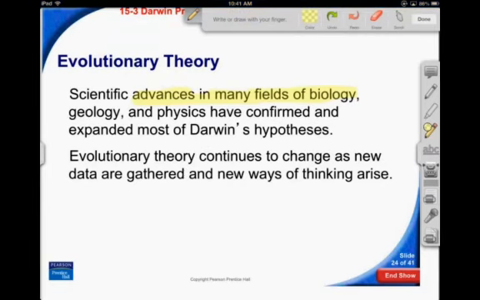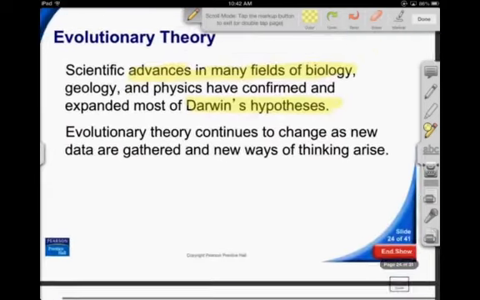We've been able to put more data to support Darwin's hypotheses about natural selection. Evolutionary theory is a field that just keeps getting more and more information, and it's pointing to the same conclusions.